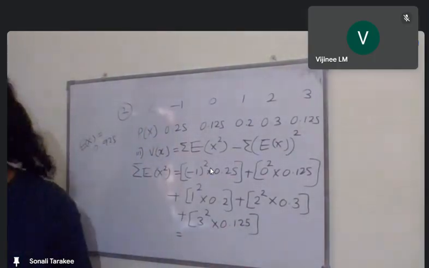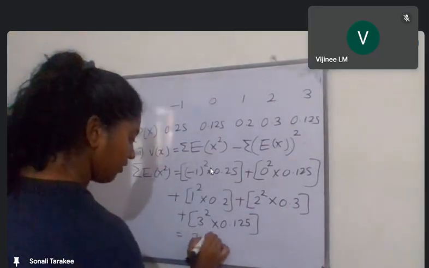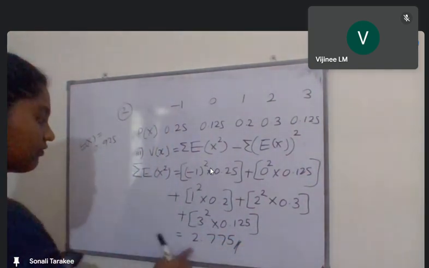Okay, so once you solve these ones, E(x squared) you have 2.775. Okay, this is the value you get for E(x squared).